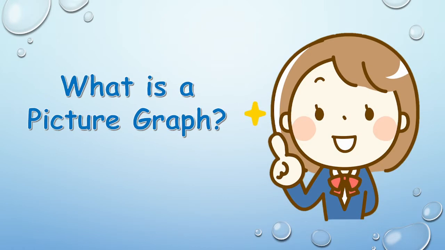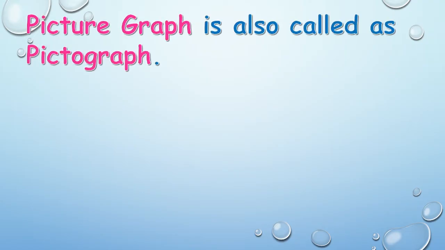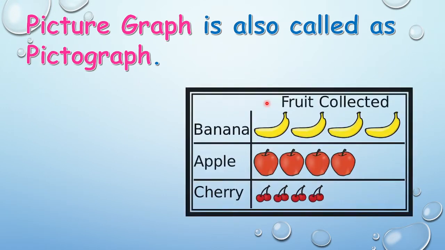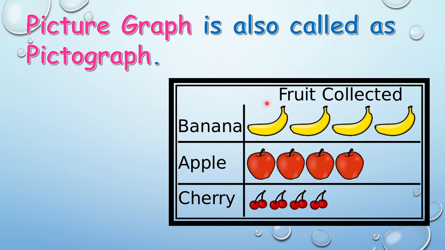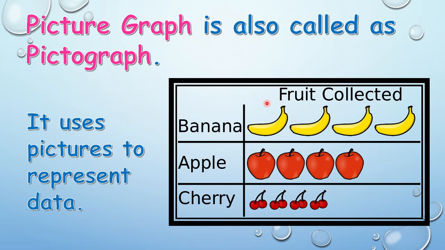So, what is a picture graph? A picture graph is also called a pictograph. Sometimes you will see it as pictograph or picture graph. They are the same. Okay, this one is an example of a picture graph. It uses pictures to represent data.